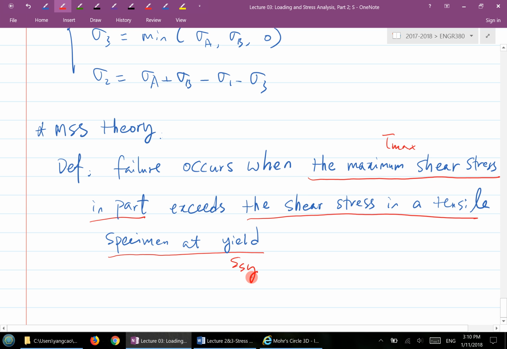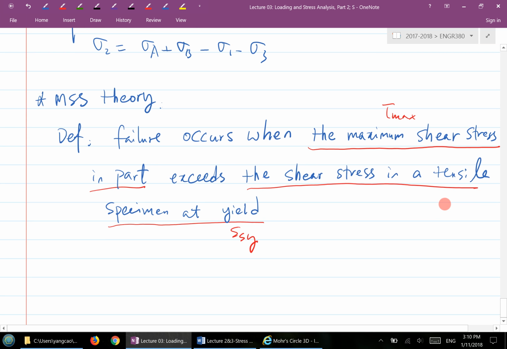We're using Ssy for this quantity. So the idea for MS theory is to compare two quantities, tau max and Ssy. Of course, we have to figure out what tau max is, and we also have to figure out what Ssy is.